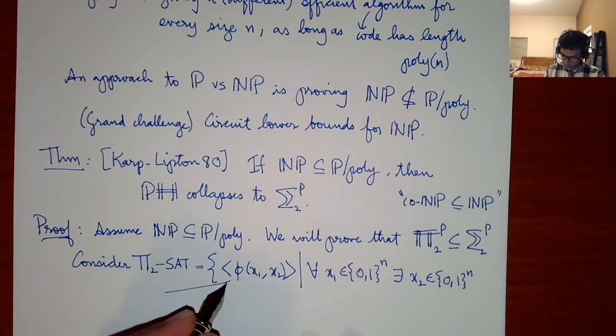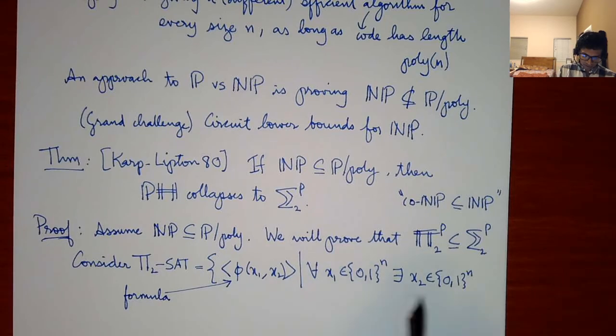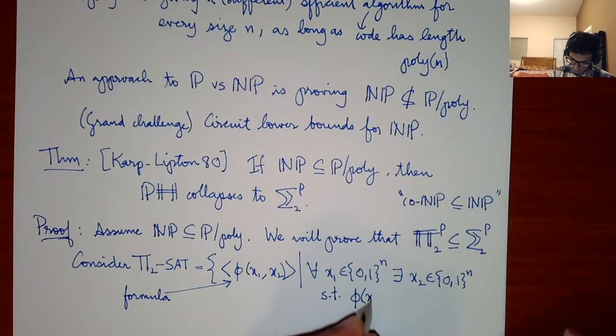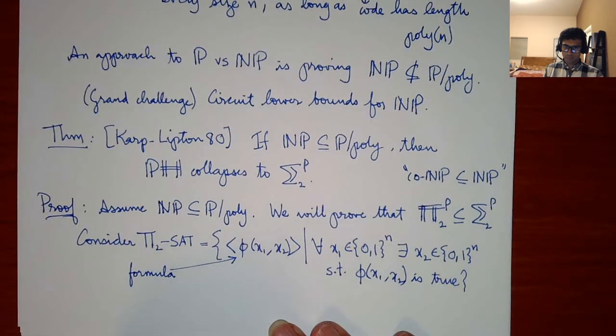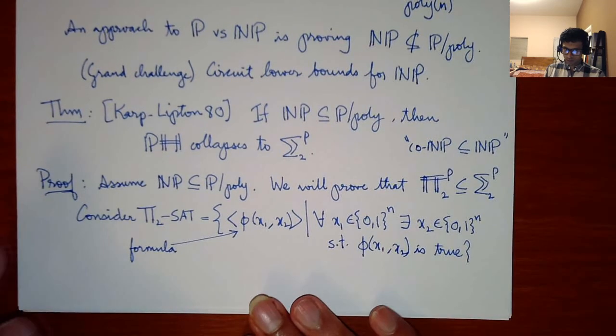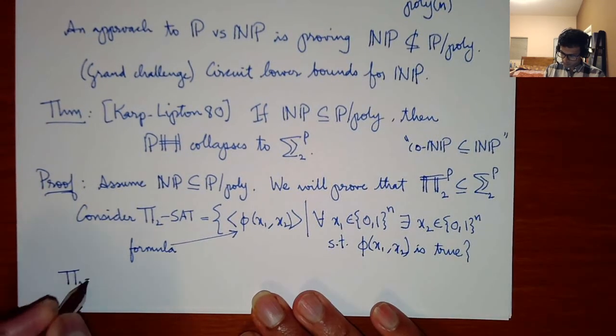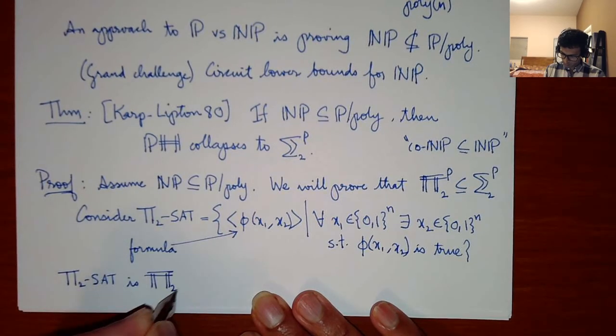So remember, this is a formula, right? This is some Boolean formula, right? So it's pi2 sat, which is for all x1 there exists an x2 such that phi x1 x2 is true. This is pi2 sat. And we know that pi2 sat is pi2p complete.